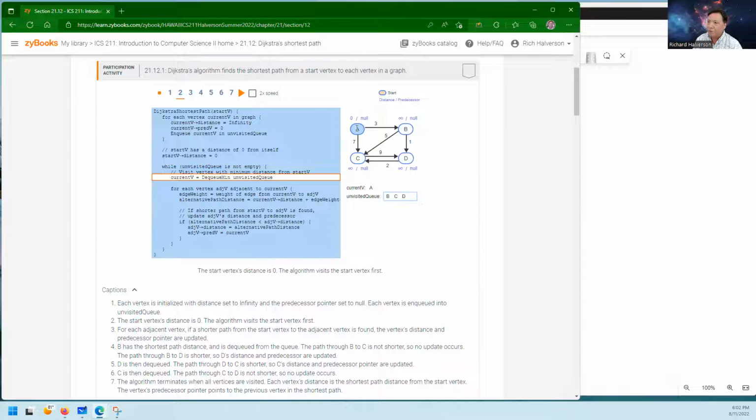So the first one you pull out is going to be A, obviously, and from A it's 0. You go to B, and we now know that B is 3 back to A, and C is going to be 7 back to A.